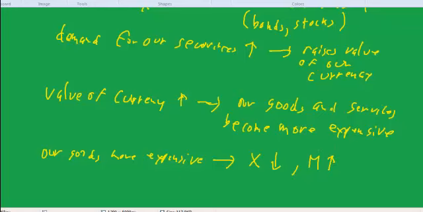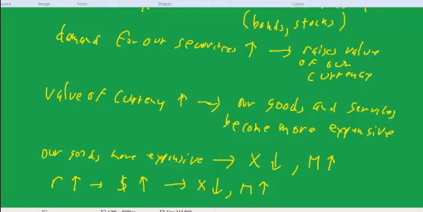So what we've gotten is a long chain of events in which the interest rate going up means that the value of the dollar, if that's our domestic currency, goes up. And that means that our exports go down and imports go up.